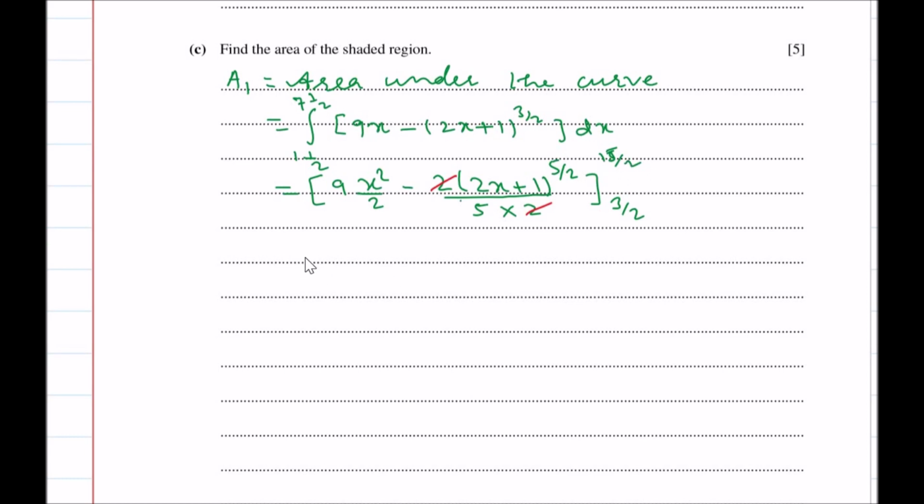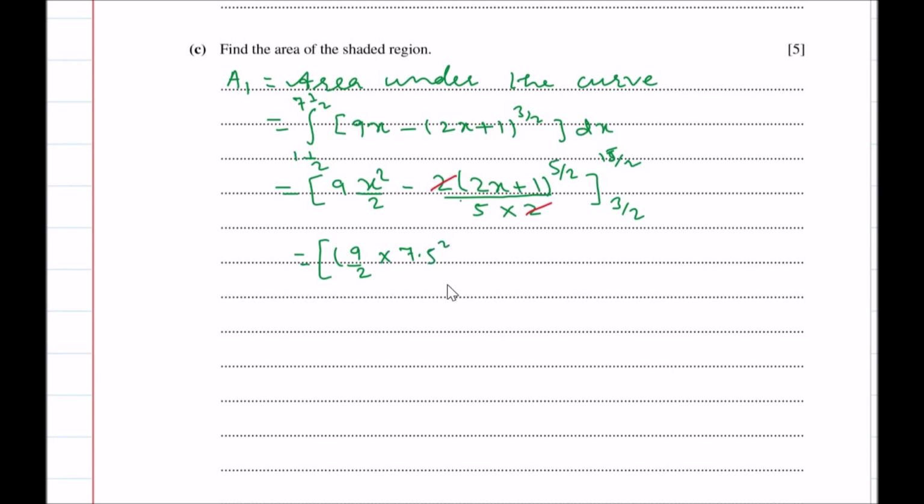So if you are substituting the limits, we put 9 by 2 into 7.5 square, 15 by 2 square, or 7.5 square I can write.